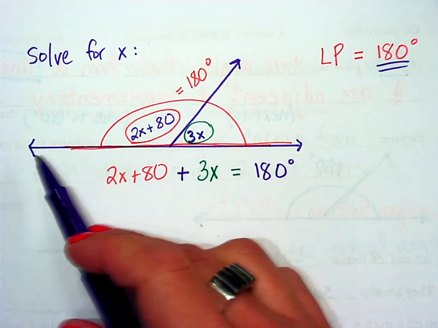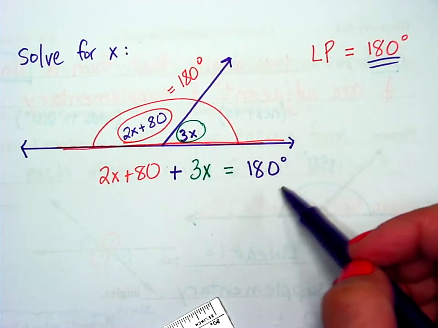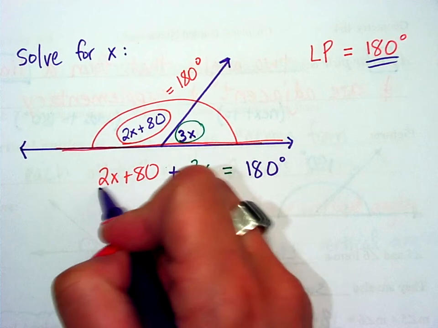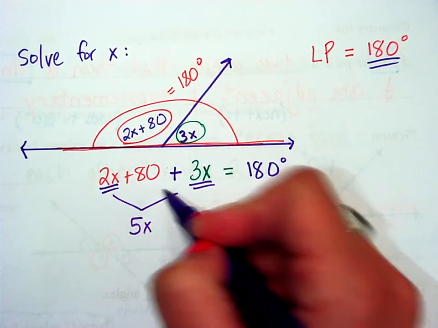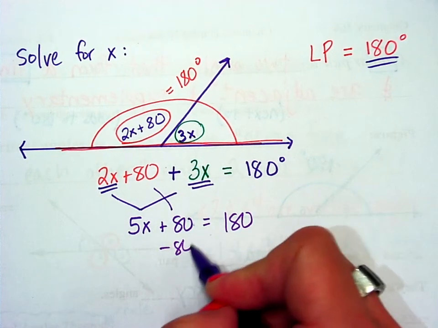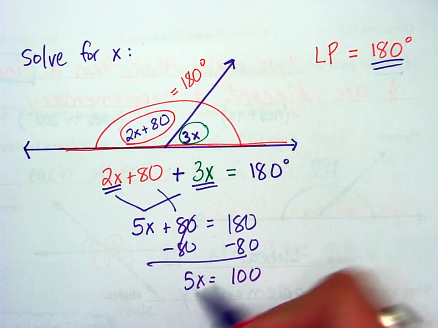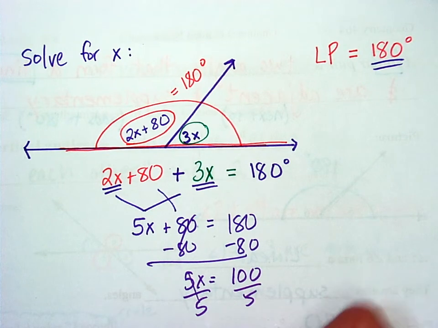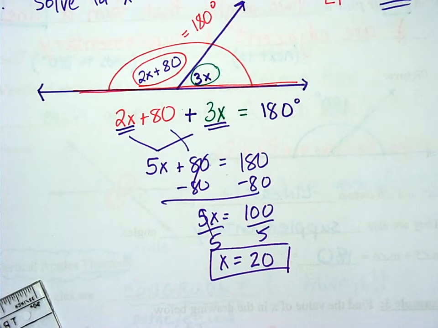But when it's a straight line or a linear pair, they're always equal to 180. Now all we're going to do is combine like terms. You guys all know how to solve this. 2x plus 3x gives me 5x. Bring down the 80. And now we just subtract: 5x equals 100. Divide by 5, and x equals 20. Okay, so make sure you've copied down that first example.